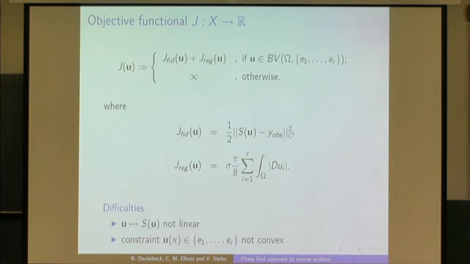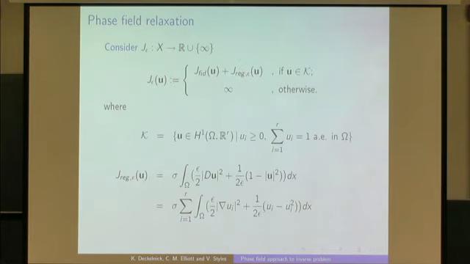And now you can look for minima of this problem. And there's still one major problem, is that this constraint that u of x only takes these finitely many values, that's not a convex constraint. So that makes the minimization a bit unpleasant. And the usual way to deal with this is that one relaxes the problem. And this is the next step.